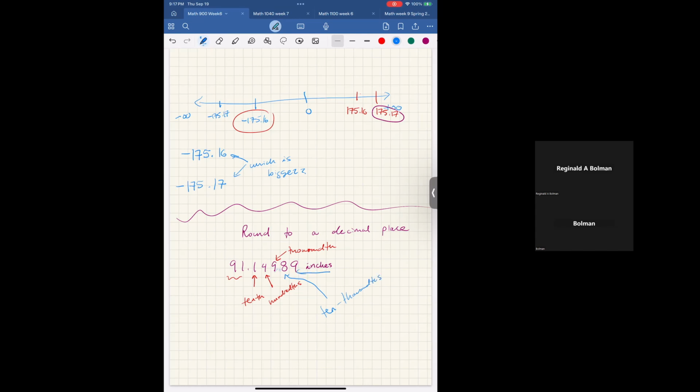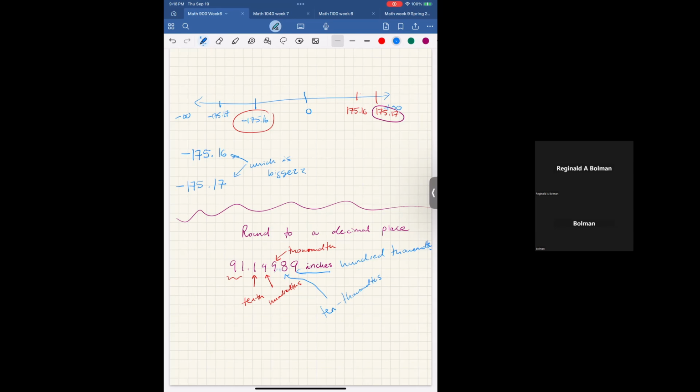Your fifth digit is your 100,000ths. And there usually aren't any problems that are bigger than that. Okay. So as long as we have a cheat sheet somewhere with each one of these decimals labeled, whenever we're given a problem to round to a specific digit, we can do this.